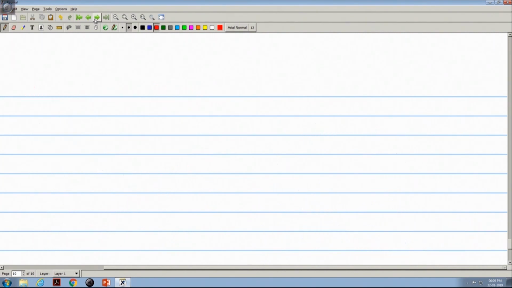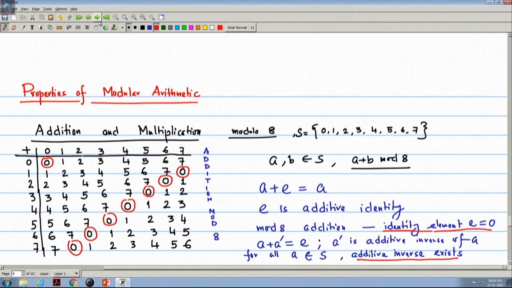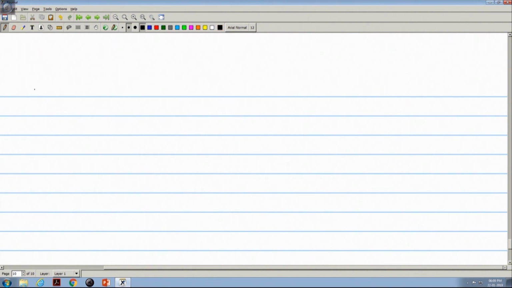Now we take multiplication, we see multiplication modulo 8.